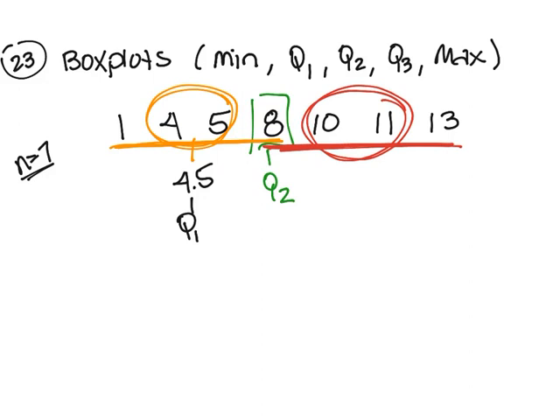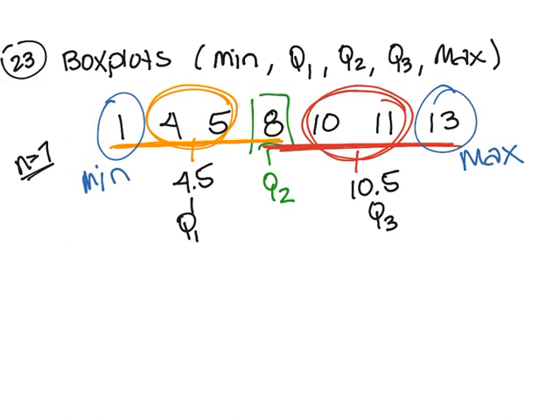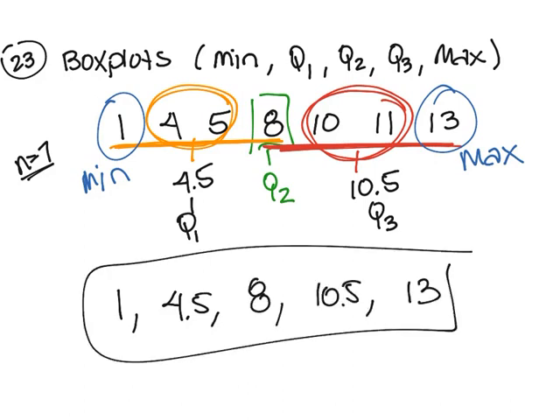You add them up and divide by 2, and you're going to get 10.5, and that's going to be Q what? 3. Do y'all see that? And so automatically your minimum is 1, and your max is what? 13. So you're looking for the choice that has 1, 4.5, 8, 10.5, and 13.